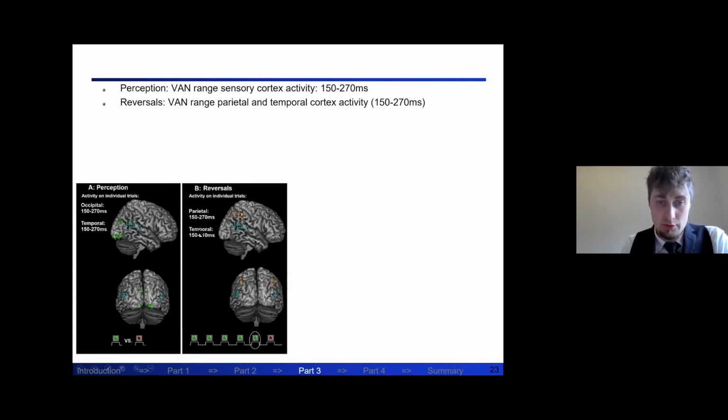If you look at reversals, it's somewhat similar, but instead of having the early occipital sources in there as well, you have parietal, probably attentional sources. So you have like late stage sensory plus attentional initiating the reversals.